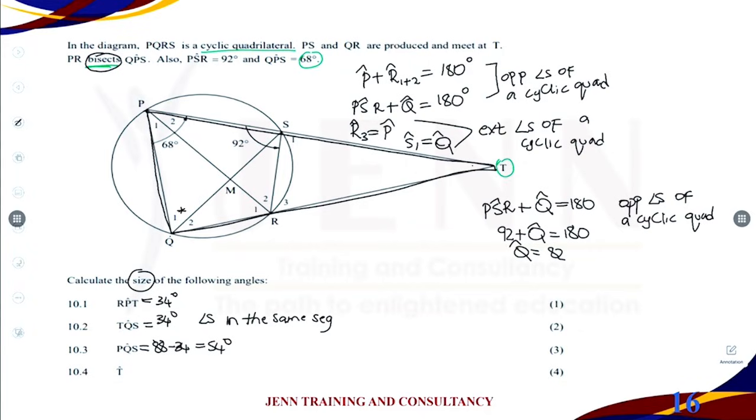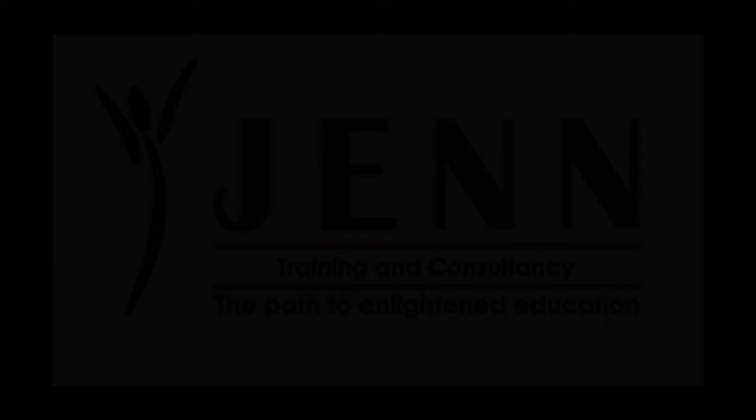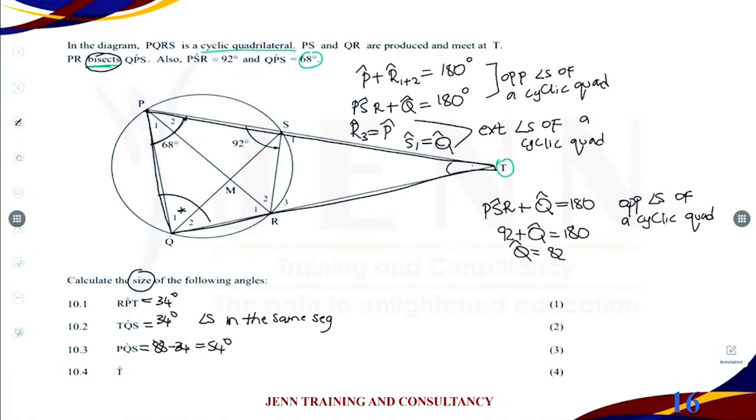That is when you will be using your triangle information, which is the property of a triangle. You know that the size of angle P plus angle Q plus angle T must give you 180 because PQT is a triangle. That simply means angle P plus angle Q plus angle T is equal to 180. These are the sum of interior angles of a triangle.